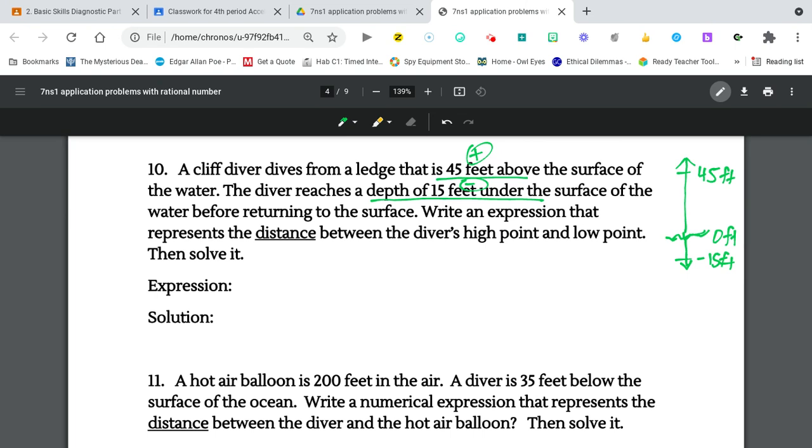It says write an expression that can represent the distance between the diver's high point and low point. Well, this was his highest point, and this was his lowest point. So I want the distance between those two. Now, I don't care which order you subtract in. Just know that with distance, you're going to subtract, and you're also going to use absolute value.